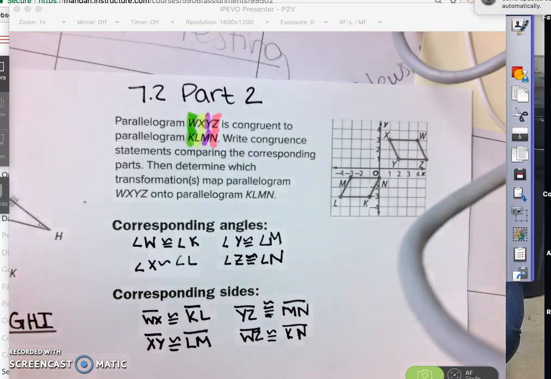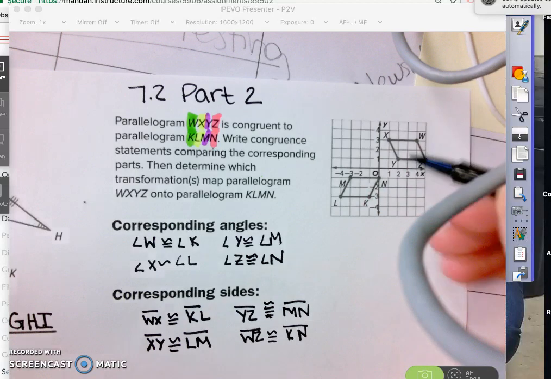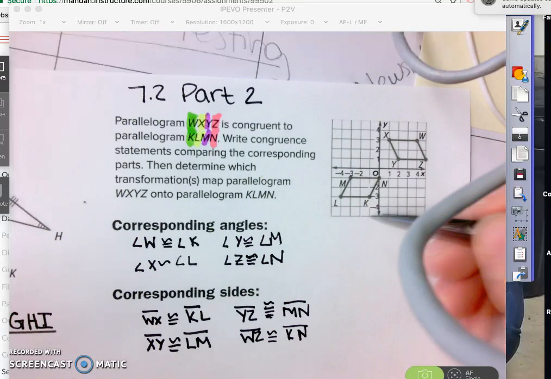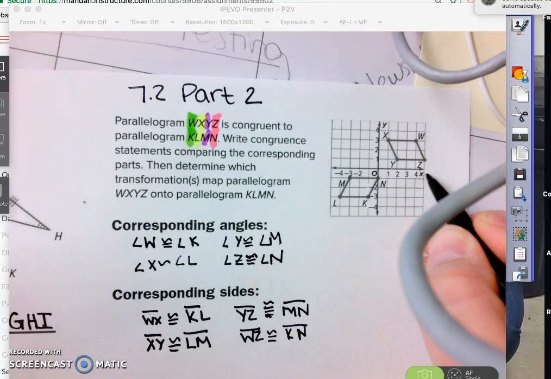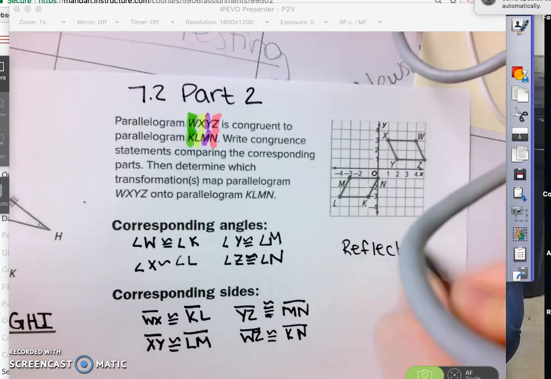Okay, so now we need to figure out what's happening to this one here to make it this one. So again, you could either move it this way first and then flip it down, or flip it down and then move it. But we know that we're going to be reflecting. When I say flip, that means reflecting over the x. So reflected over the x.